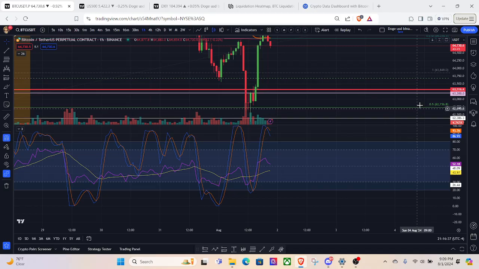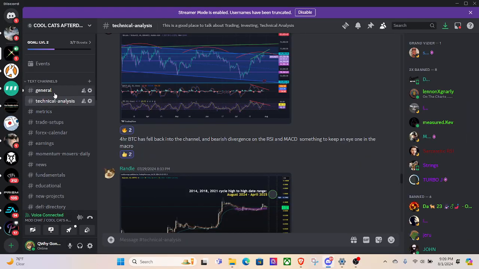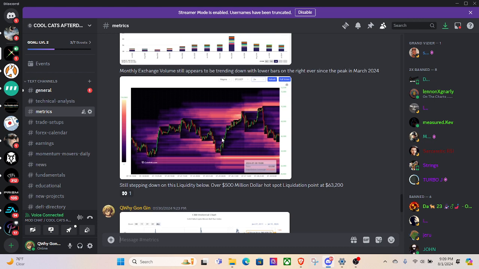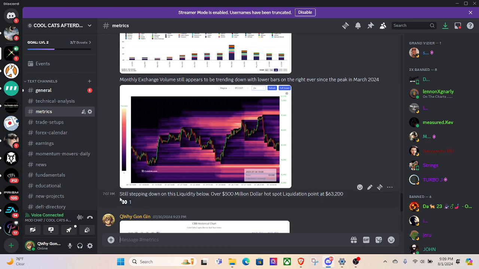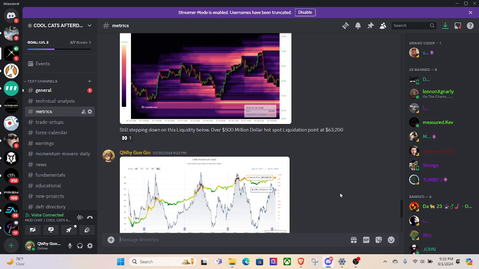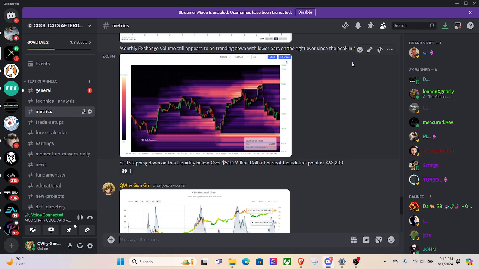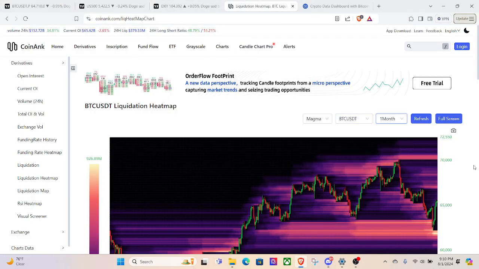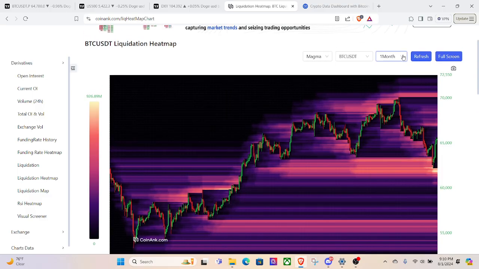So this 63,200 level, if we go into my Discord and go into the metrics channel, I had posted this the other day, saying still stepping down on this liquidity below. Over $500 million hotspot liquidation point at 63,200. And we did end up going down to get that liquidity.